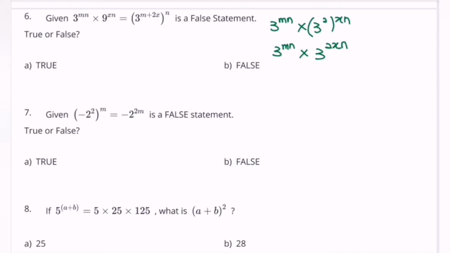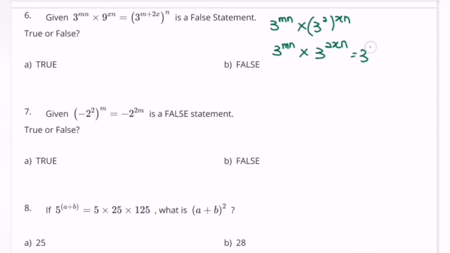If we simplify the situation by using the multiplying indices, we will have 3 to the power of mn plus 2xn. To simplify, kindly factor out the n. So we will have 3 to the power of (m plus 2x) bracket n. Referring to the question, the answer is the same for the left and the right. The question mentioned that it is a false statement, so the answer is false.